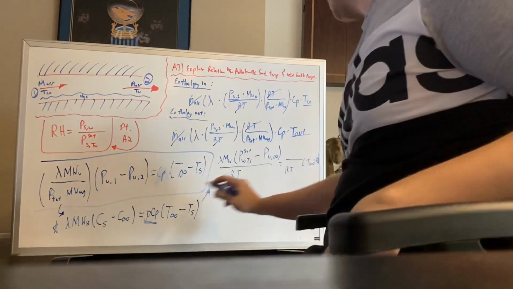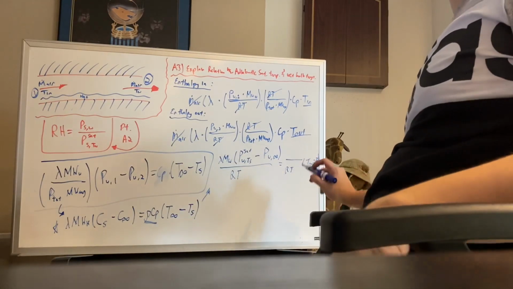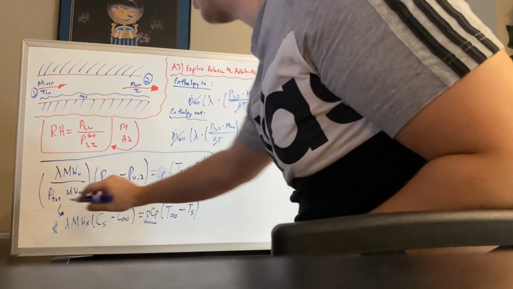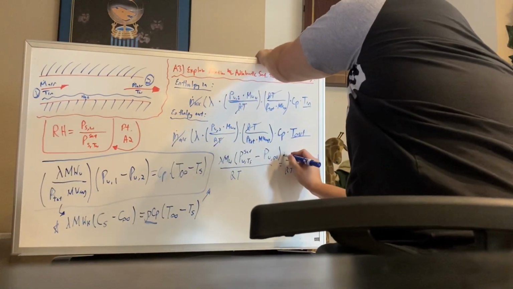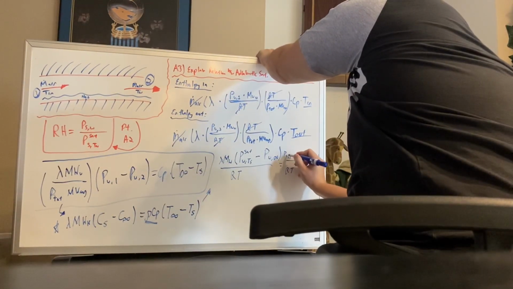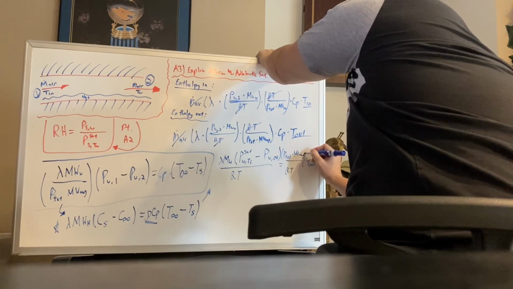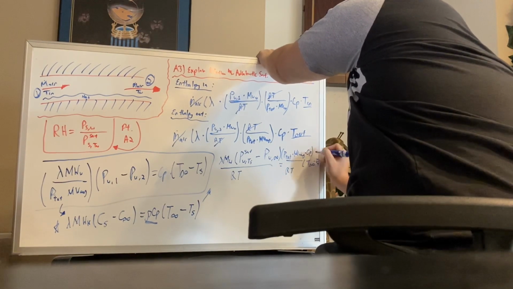The only part that will change is this numerator when we start looking at it in terms of an ideal gas. And like I said earlier, we're going to have to put it back in terms of the total pressure multiplied by the average molecular weight multiplied by the heat capacity.